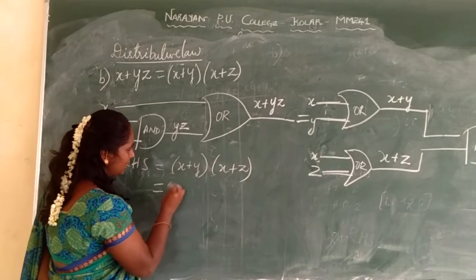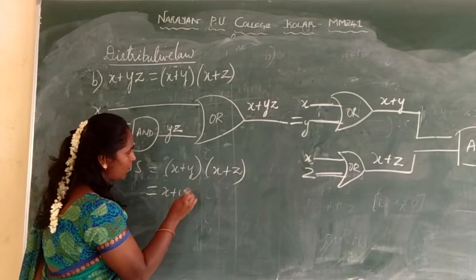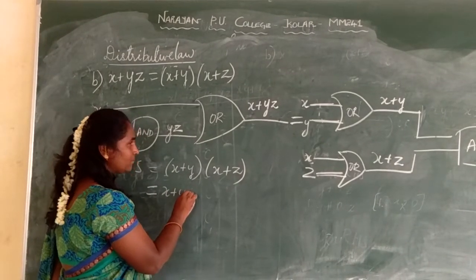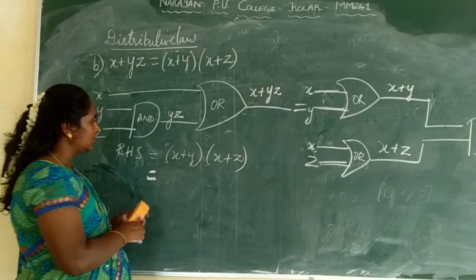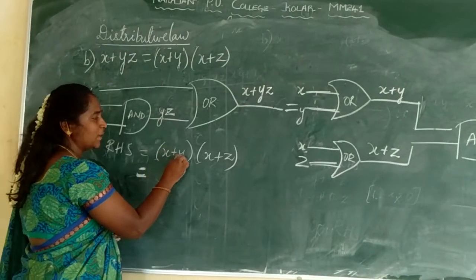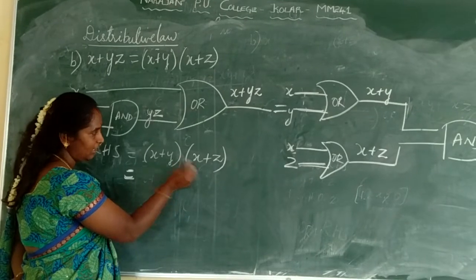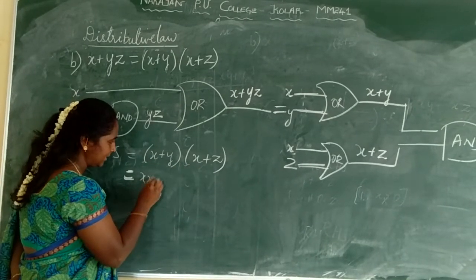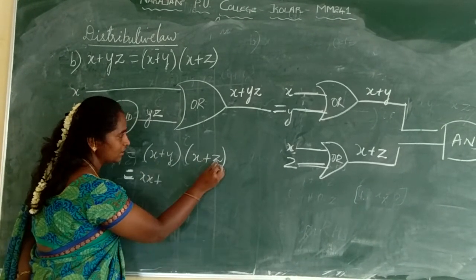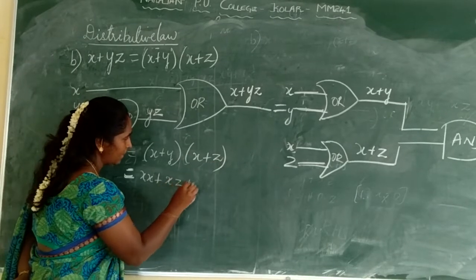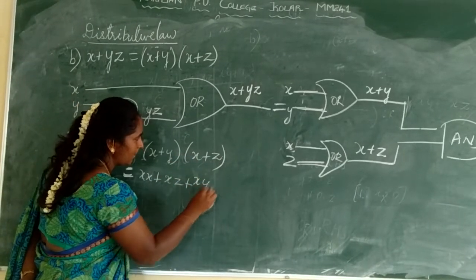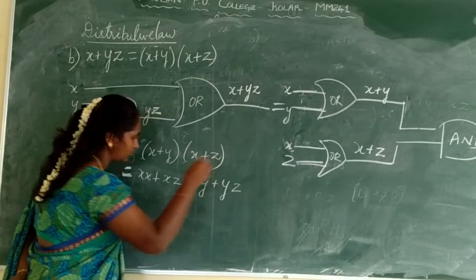So take your RHS, (x plus y) into (x plus z). You multiply each variable with the other terms. x into x is xx, plus x into z is xz, plus xy, plus yz.